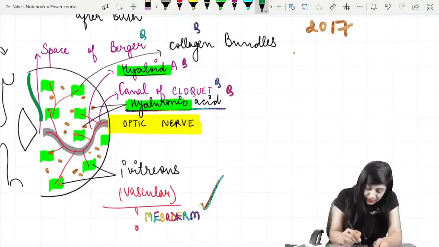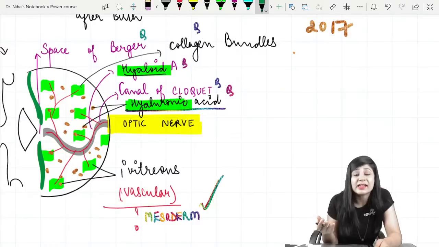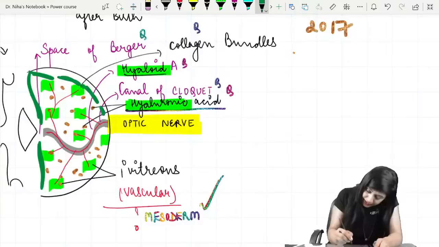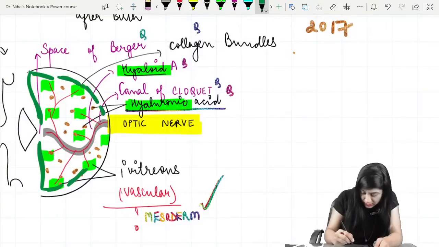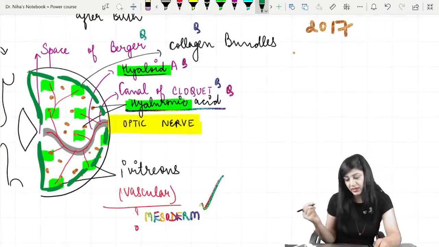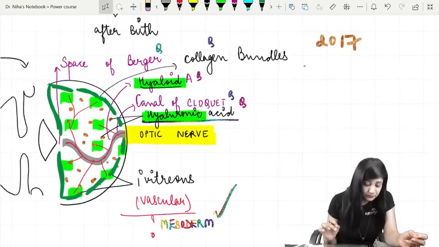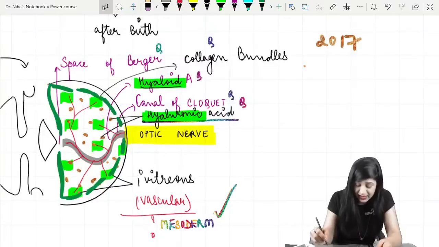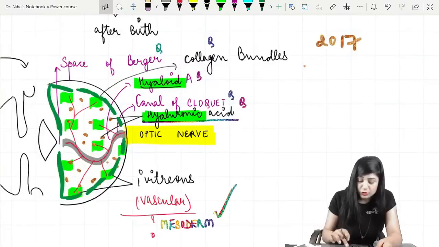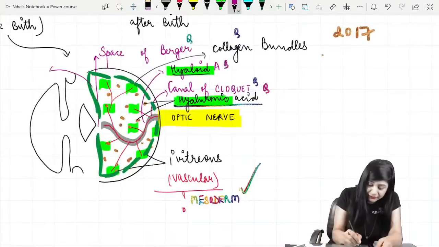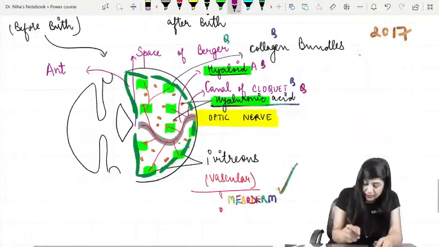One membrane is anteriorly; it is condensing because vitreous is gel-like. So it is condensing to form a membrane anteriorly as well as posteriorly, like this. Anteriorly as well as posteriorly. So you can see here, anteriorly we have this anterior hyaloid membrane.